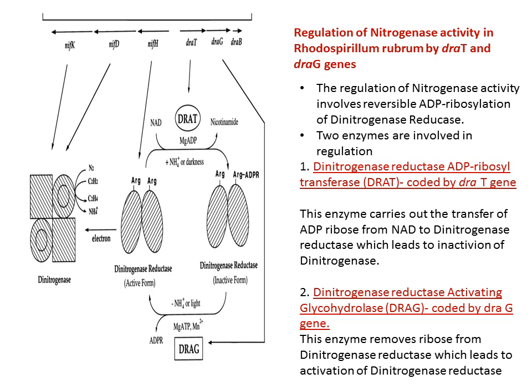Those genes are called DRAT and DRAG genes. The regulation of nitrogenase activity involves reversible ADP ribosylation of dinitrogenase reductase. That is, you can go through the image which has been put up on the left side.